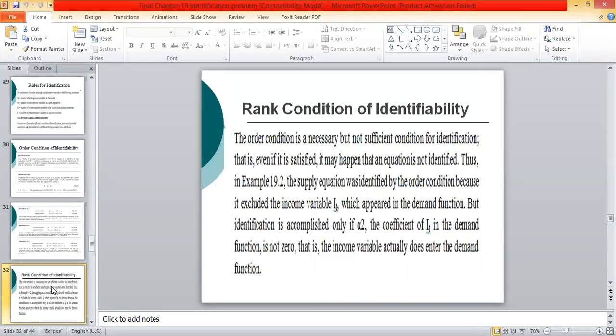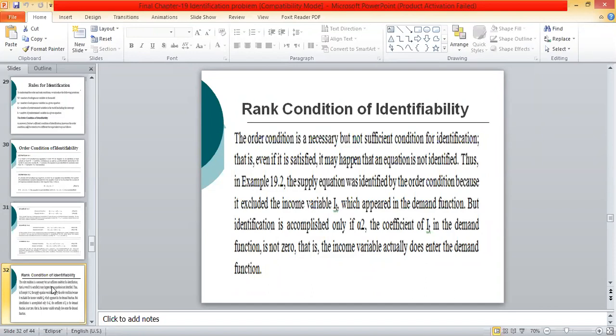So the predetermined variables that are excluded from the equation but present in the model may not all be independent. They are interrelated, dependent on each other. So that is why a one-to-one correspondence between the structural parameters and the reduced form coefficients may not exist.